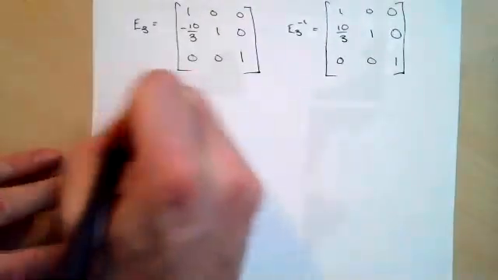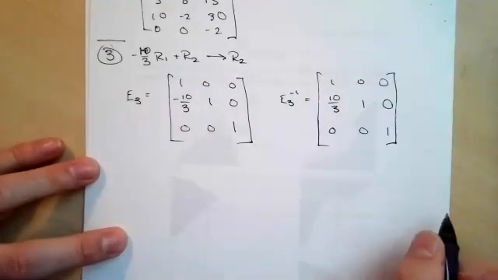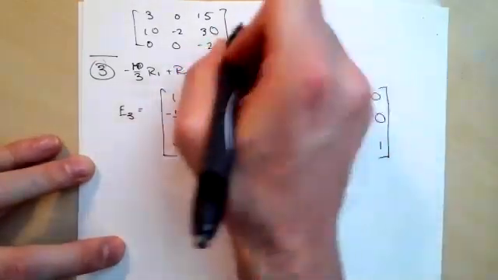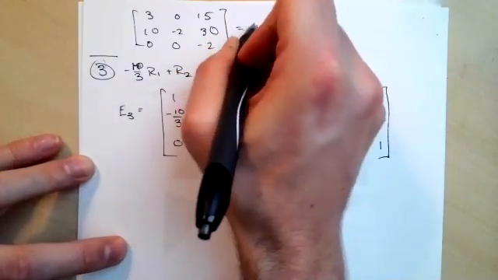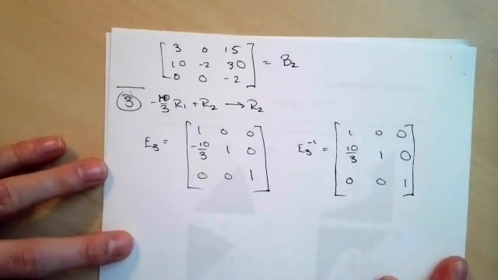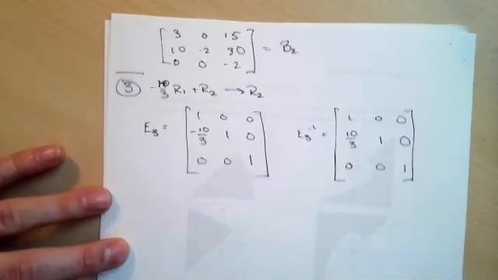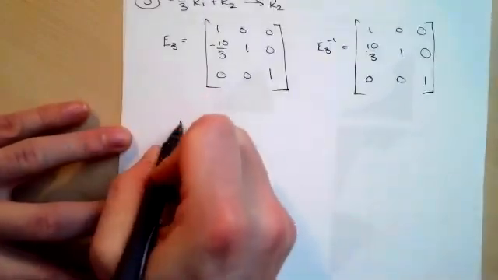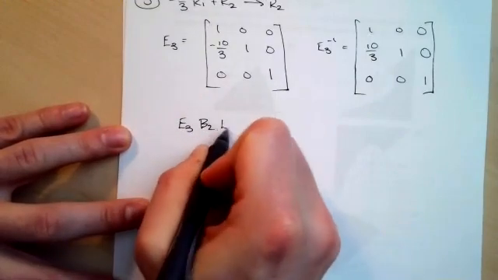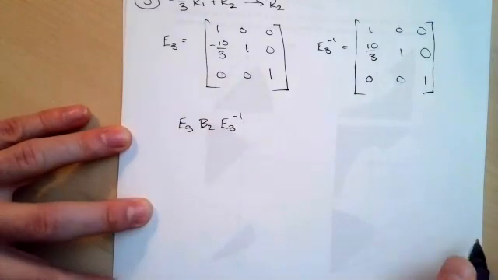And then now we're going to compute, let's just summarize some of these. Let's call this our B2. So instead of writing everything out, let's shorthand some of the work, because we're going to compute E3, B2, E3 inverse.